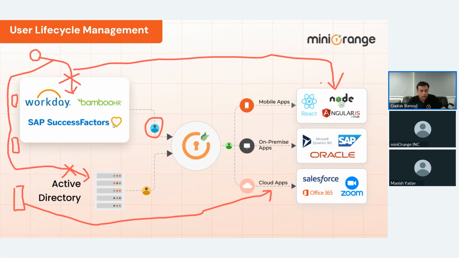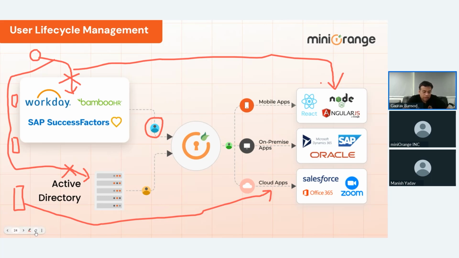So even though the employee left the organization, his or her entry attributes are still existing in the multiple databases which are connected to the organization's critical infrastructure. So even though he left the organization, he still has access to the organization's critical applications, infrastructure, and resources. And this is the problem in 50% of the organizations who are dealing with the influx of new employees joining, or who are still doing the manual work.